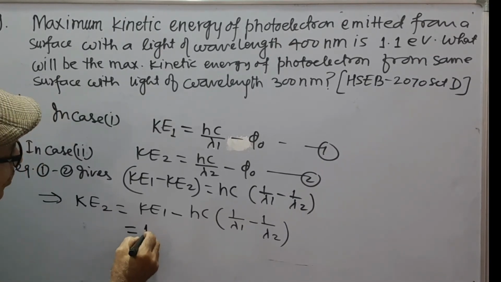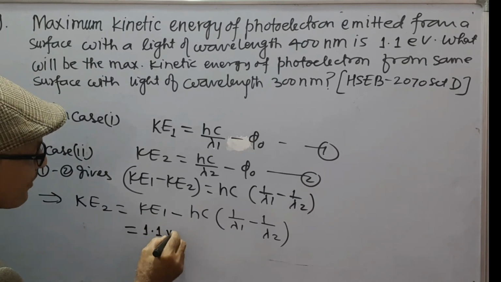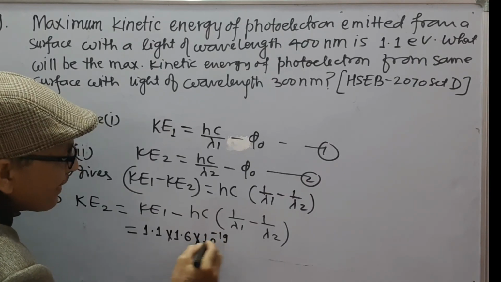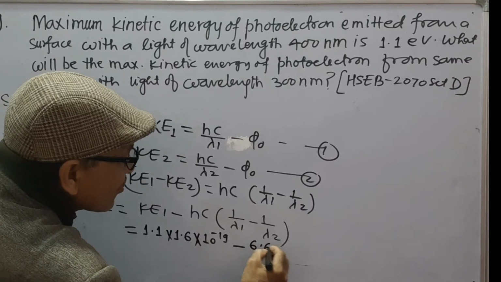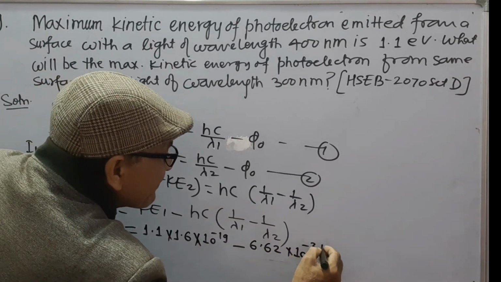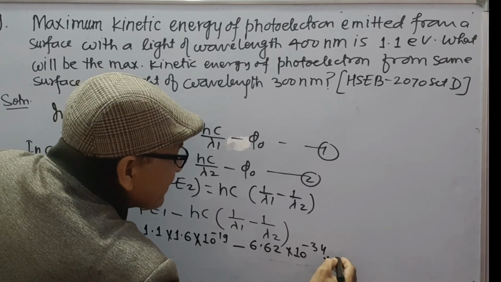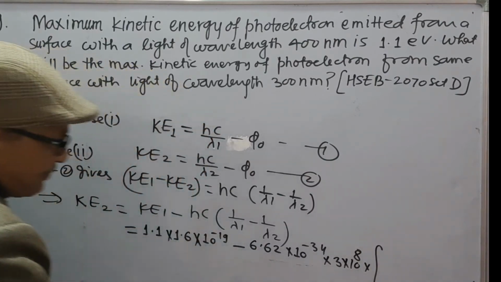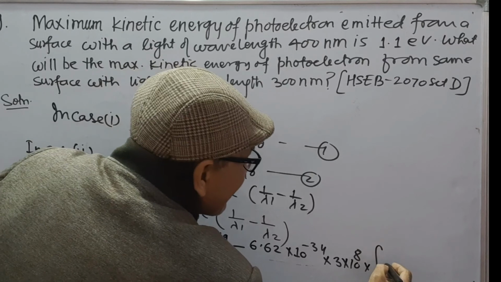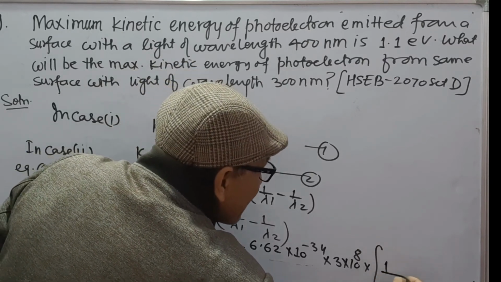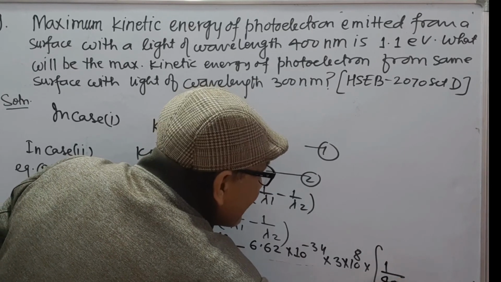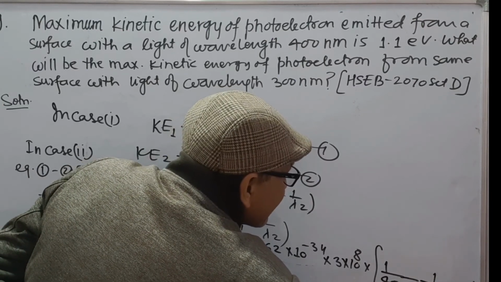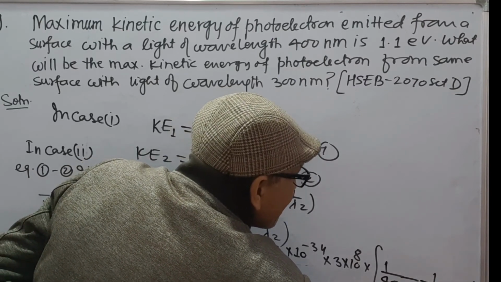Ke1 is 1.1 electron volt, which means 1.1 into 1.6 into 10 to minus 19 joule, minus h, which is 6.62 into 10 to power minus 34, into c, 3 into 10 to power 8, into 1 upon lambda 1, where lambda 1 is 400 nanometer, 400 into 10 to minus 9, minus 1 upon 300 into 10 to minus 9.